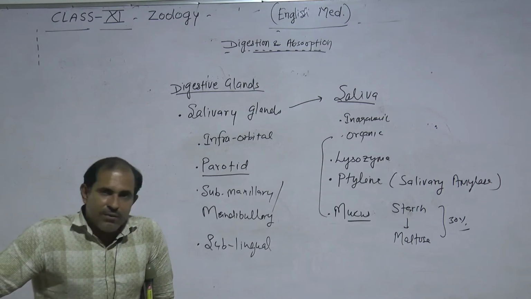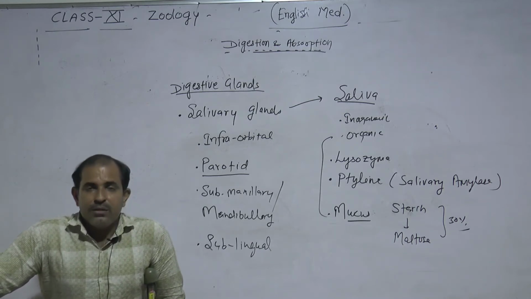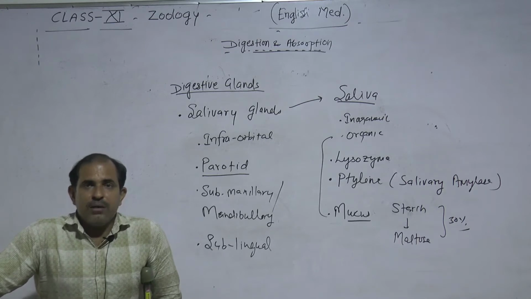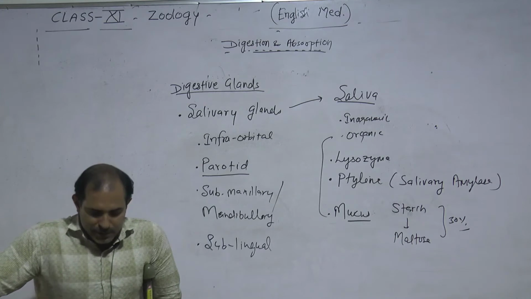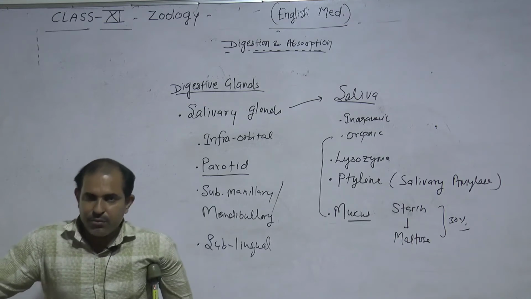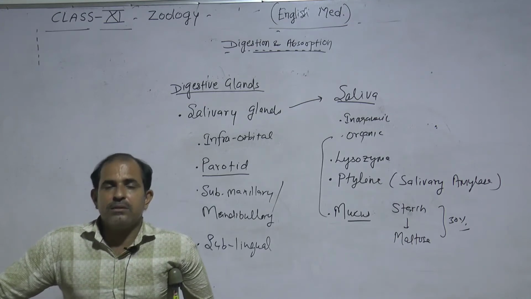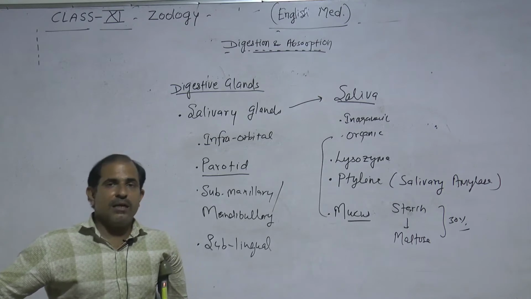These are exocrine glands, so they open into the buccal cavity through specific types of ducts.